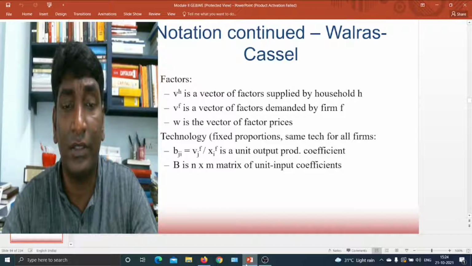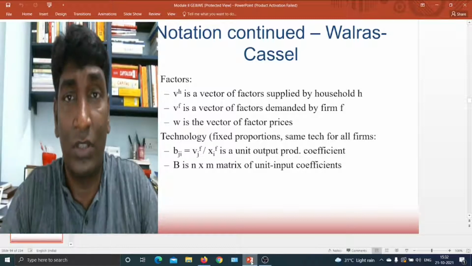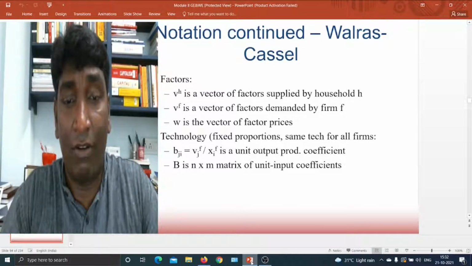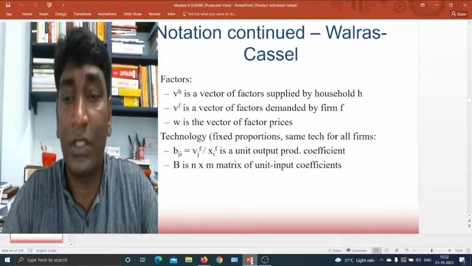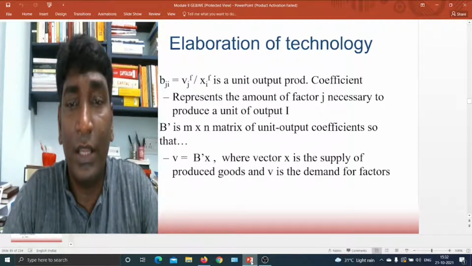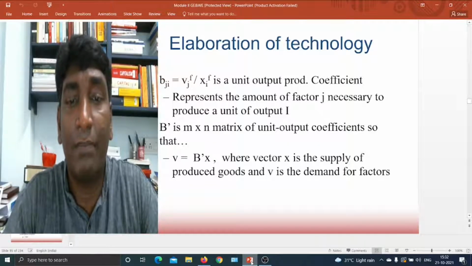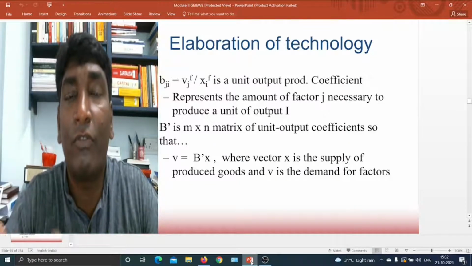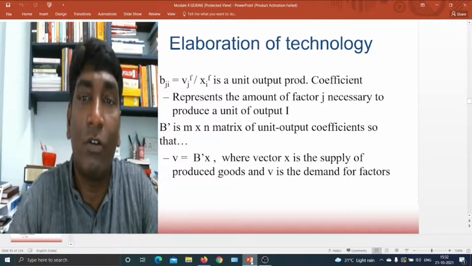Then Bji, which is equal to Bjf of xif, is normally seen as the coefficient, and B is an m by n matrix of unit input coefficients. It represents the amount of factor j which is necessary to produce a unit of output i.